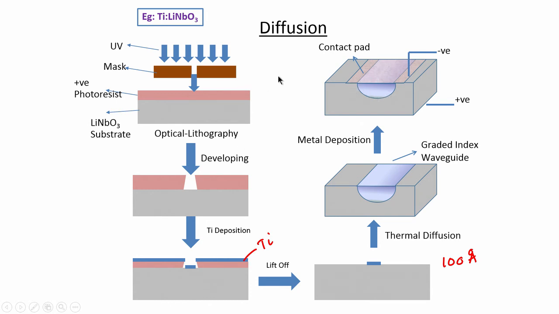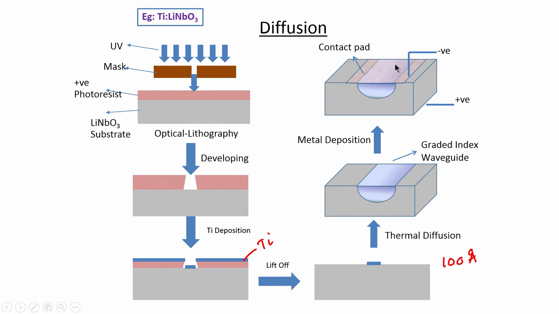Using a process similar to depositing the titanium film, you can deposit metal electrodes, either gold or titanium or whatever suitable material. This is a two-step process. In the first step, we have deposited the titanium and diffused, and in the next step, you created electrodes.